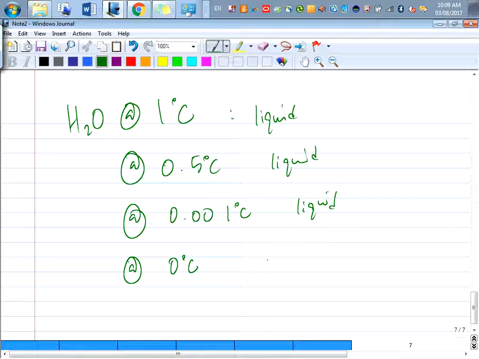Solid or liquid? Solid plus liquid. In fact, I don't even want to tell you what state it is. I will just say this is the solidification or freezing point. Okay? And at this temperature, it starts to freeze.